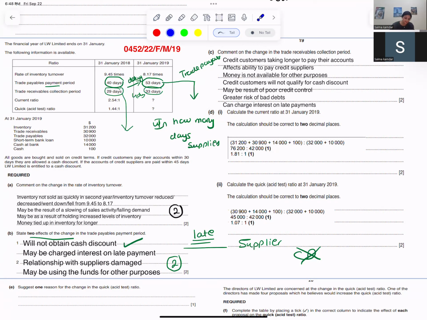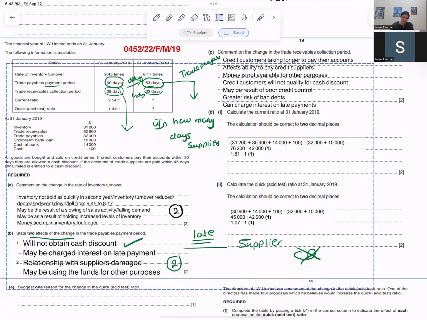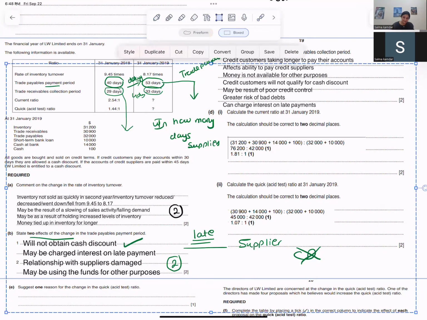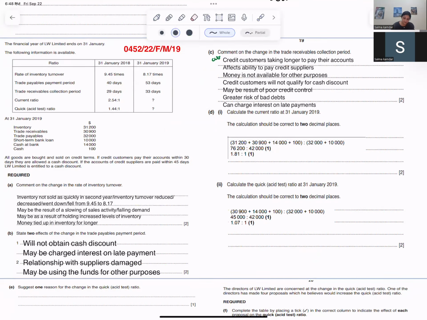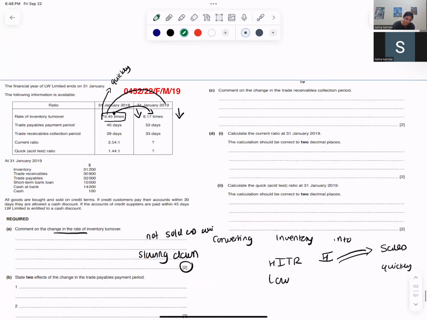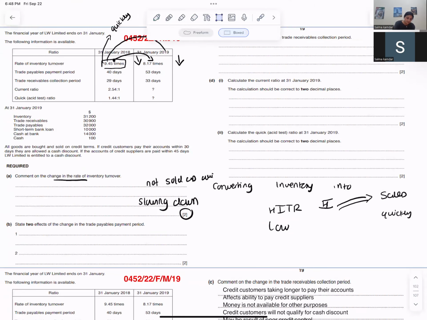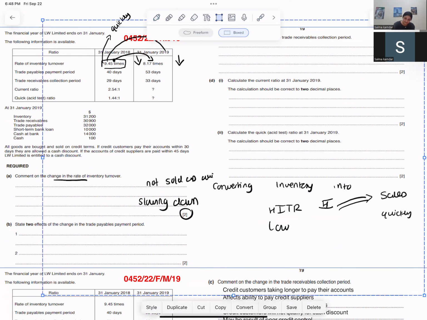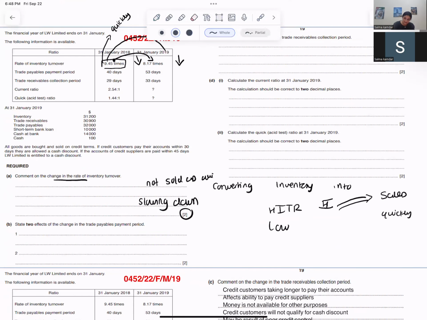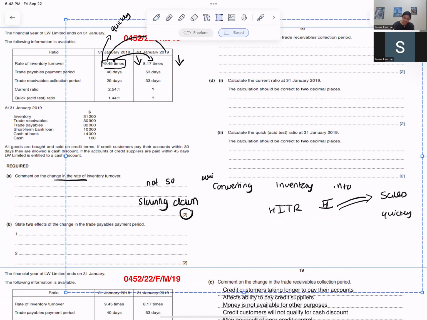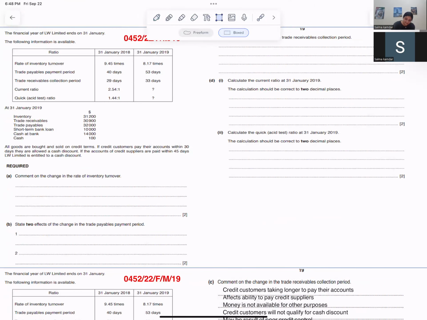Now the next part. They have asked me to calculate current ratio. What is the formula for current ratio? Current ratio means current assets over current liabilities. So I just need to mark my current assets and my current liabilities and find the current ratio. I have been given information about the current assets and current liabilities over here.